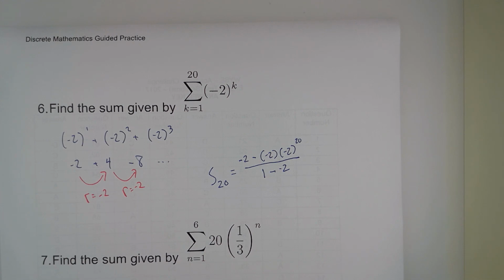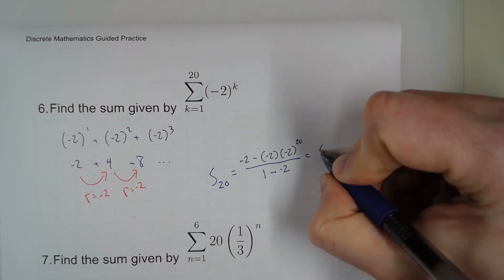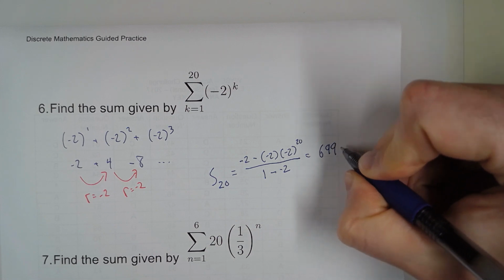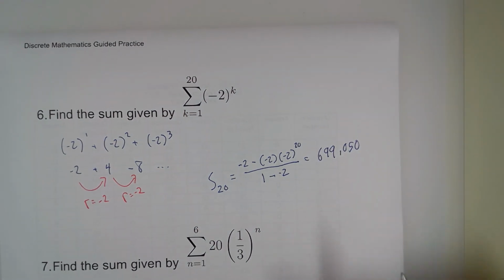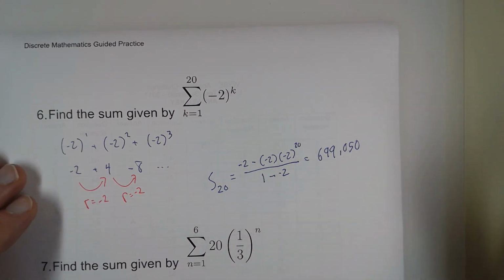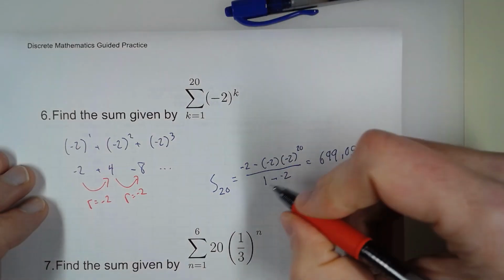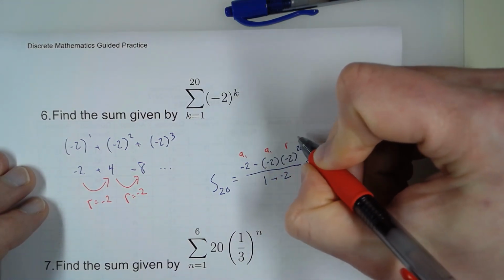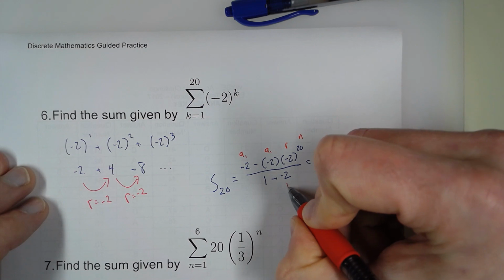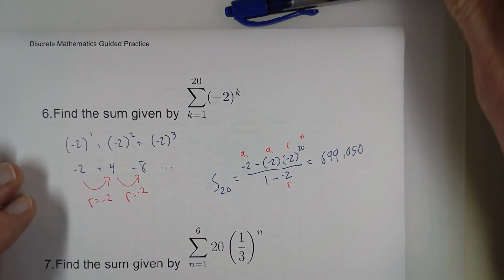And so we'll do this on the calculator. And we get a total of 699,050. So this is the formula for a finite geometric series. That's the first term, that's the first term, that's the common ratio, that's n, and that is the common ratio there.